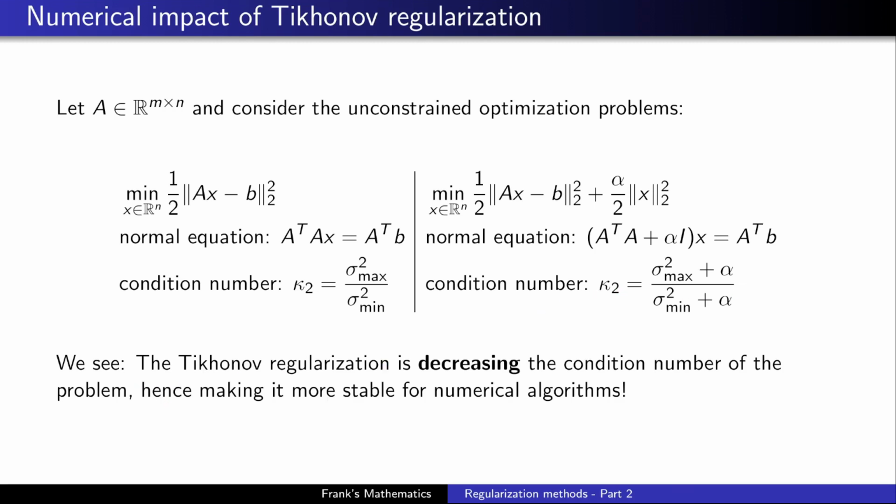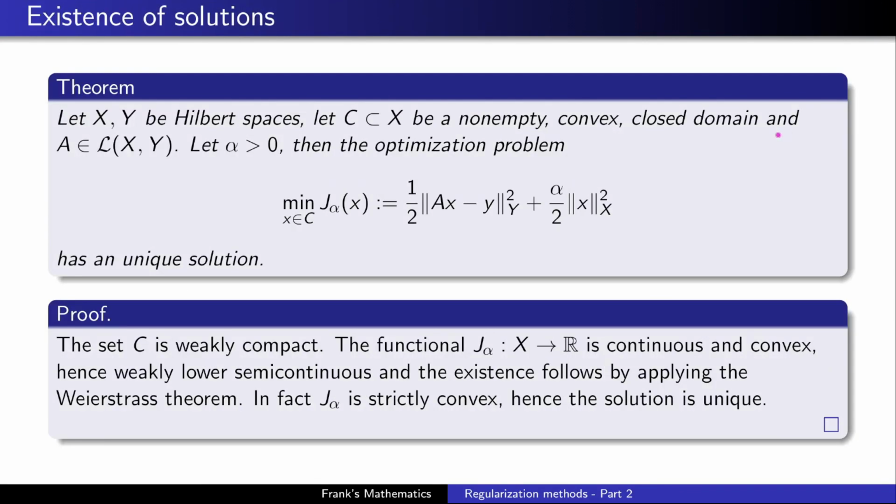Now it's time to go back to our infinite dimensional settings and take a look at the existence of solutions of our regularized optimization problem here. The setting is the same as before. We have some Hilbert spaces. C again is a non-empty convex closed domain. A is a linear operator. And for alpha greater than 0, this optimization problem here has a unique solution. The existence of a solution follows by the same argument as before.